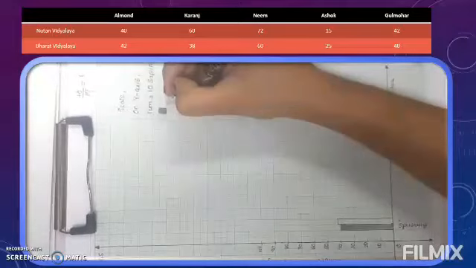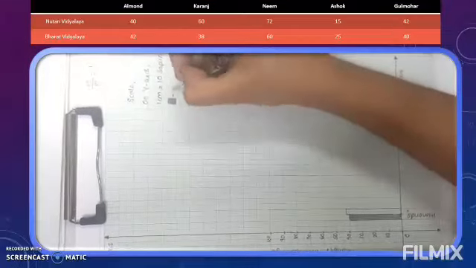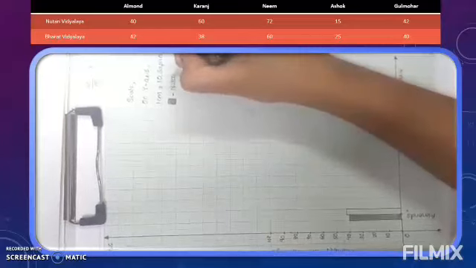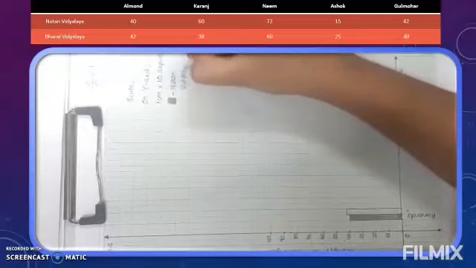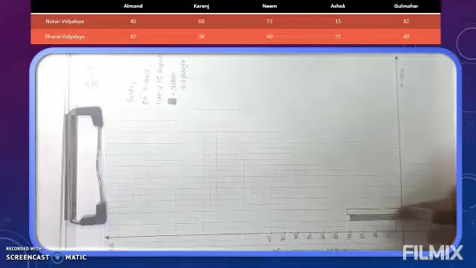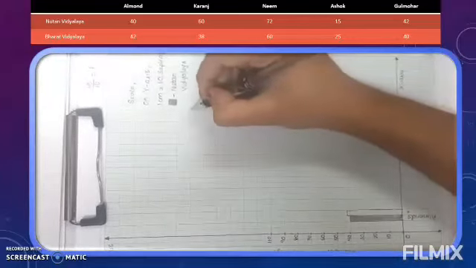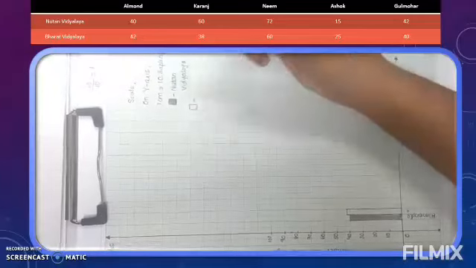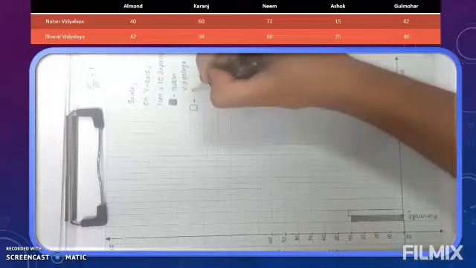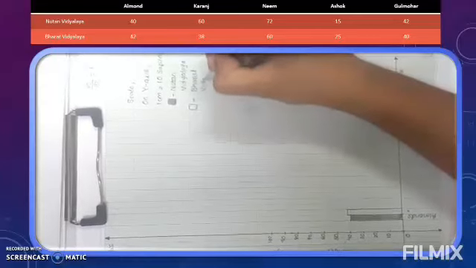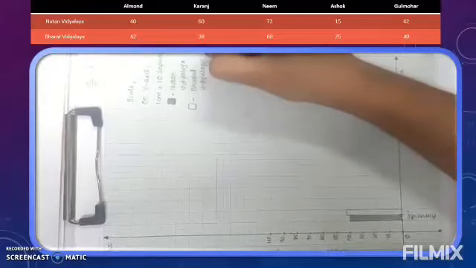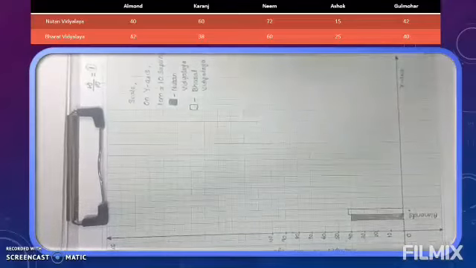The shaded bar is about Nutan Vidyalaya, so we will write Nutan Vidyalaya. Then this blank bar is showing information about which school? Bharat Vidyalaya. So this is our scale.